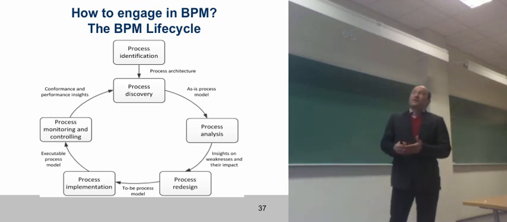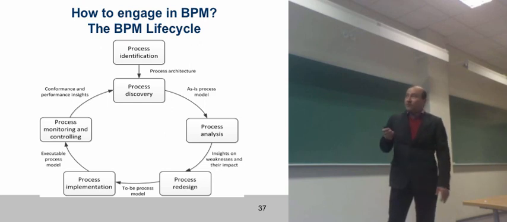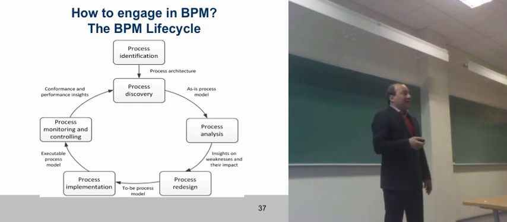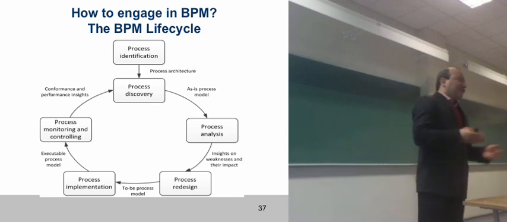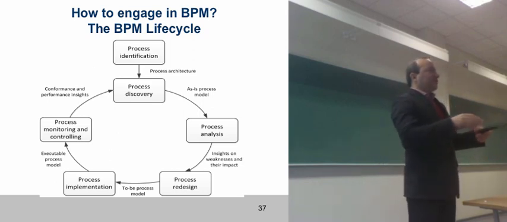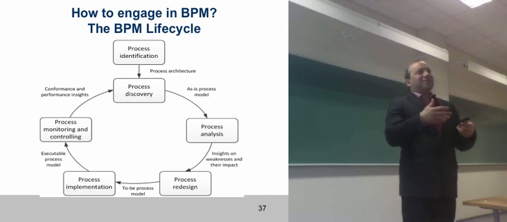This is a conceptualization of how a business process management initiative will happen. First of all, we have to identify the process. You have read One Hundred Years of Solitude, right? The second sentence is that when I was a kid, certain things did not have a name, and in order to designate them, one had to point at them with a finger.